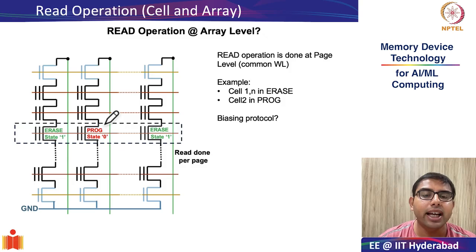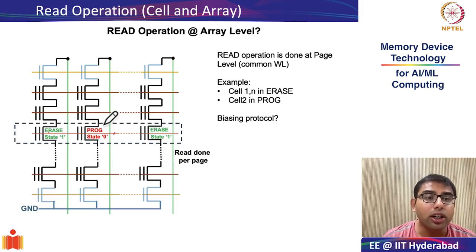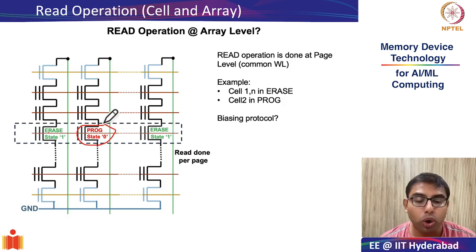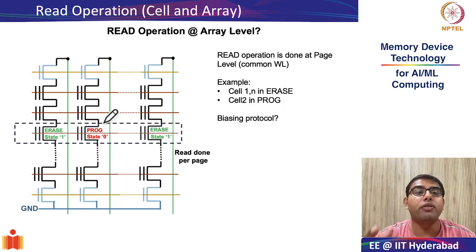So now the idea is we want to read out, for the page of our interest, that cell 1 and cell n are in state 1 or erase state, whereas cell 2 is in program state. How do we do the biasing protocol so that we can do an effective read out of the states of the different flash cells in that particular page?